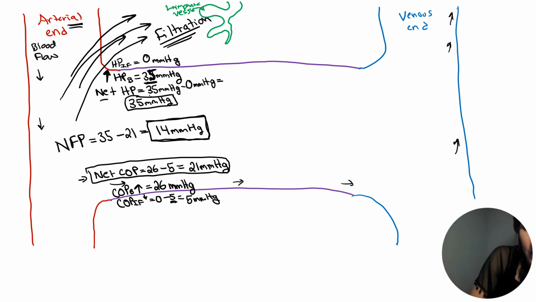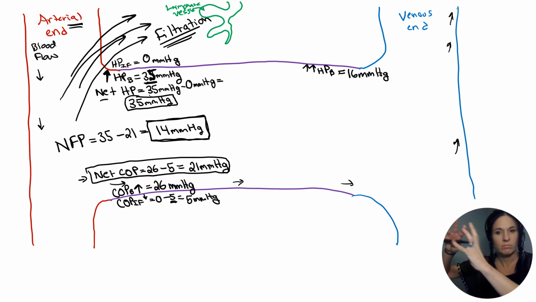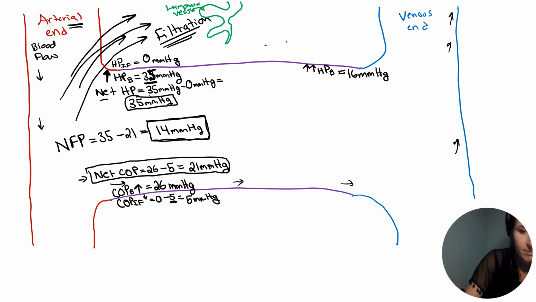So our blood hydrostatic pressure against the wall over here on the venous end is going to drop a little bit. Let's say 16 millimeters mercury. But even though there's more fluid in the interstitial space out here, it's still not contained. Some of it's going in the lymphatic system, and there's a lot of space. So the force is, again, going to be 0.